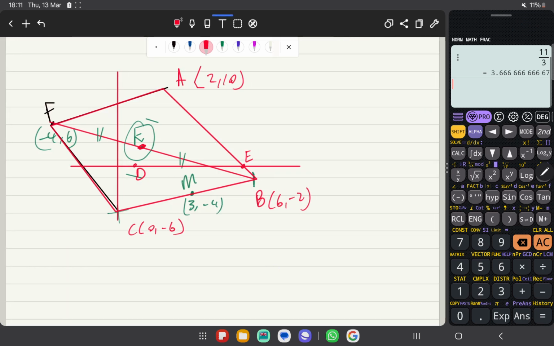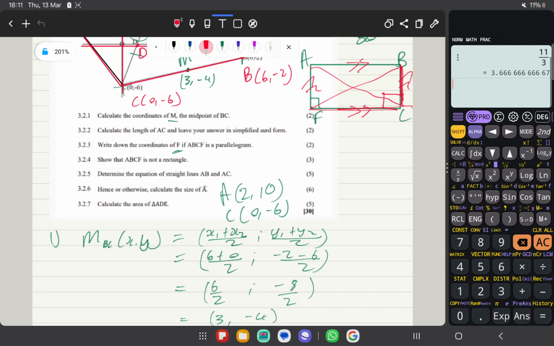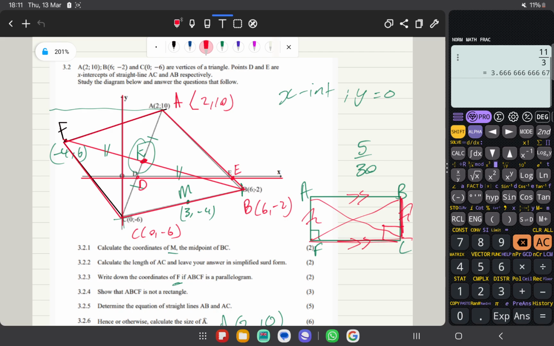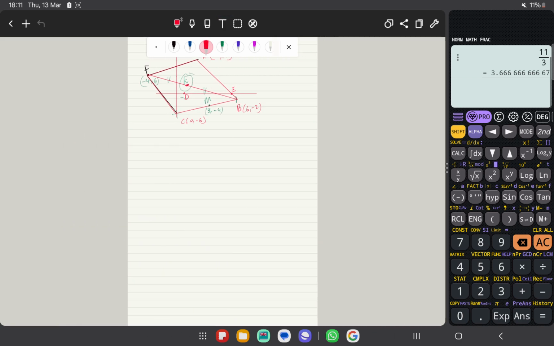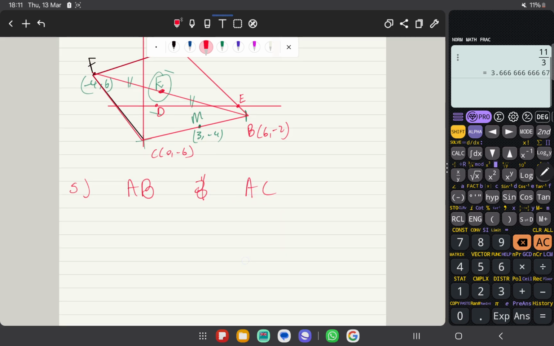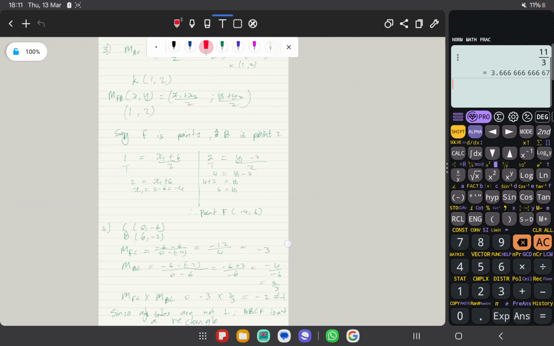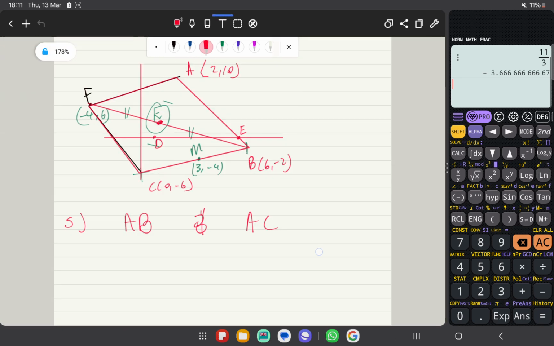There's a rough sketch. The question says I have to find AB and AC, the equations.